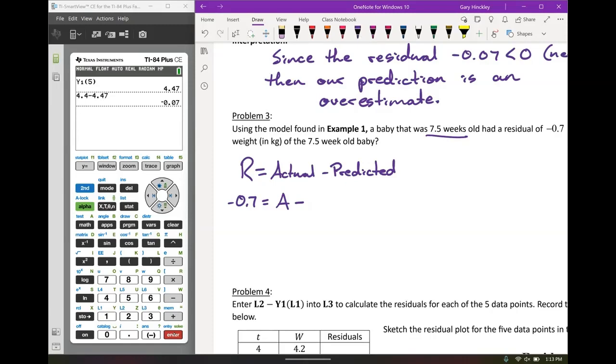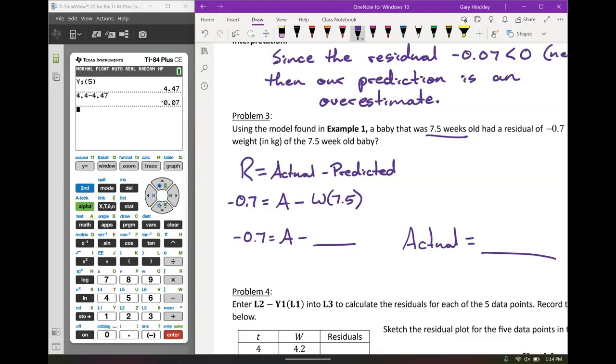So that is going to be our W of 7.5. So go ahead and calculate W of 7.5 and figure out what our actual value is. So you're going to have negative 0.7 equals A minus some value, which we can then add over. And we can find our actual value. All right, so go ahead and do that. Calculate your predicted value at 7.5 and use our residual equation to find our actual value.